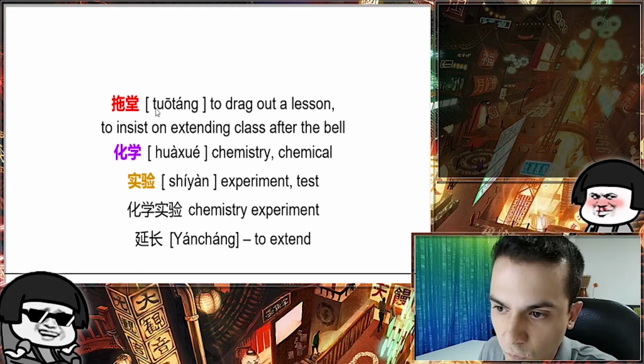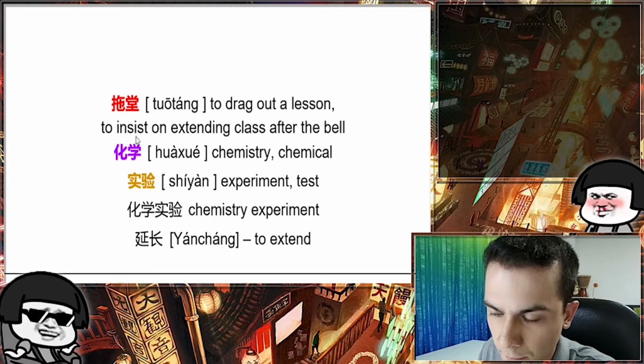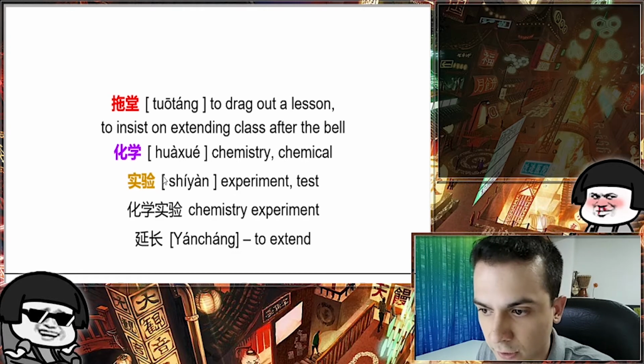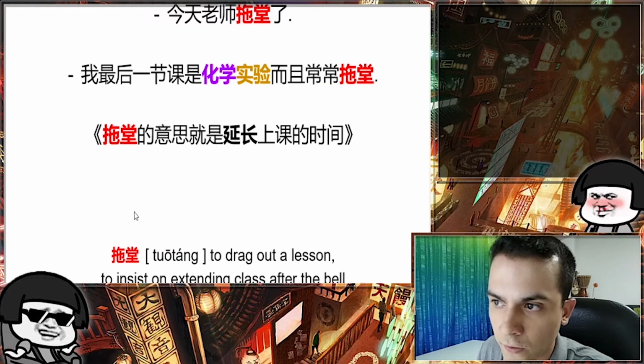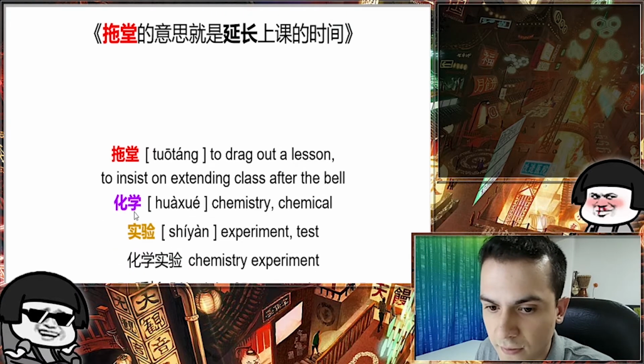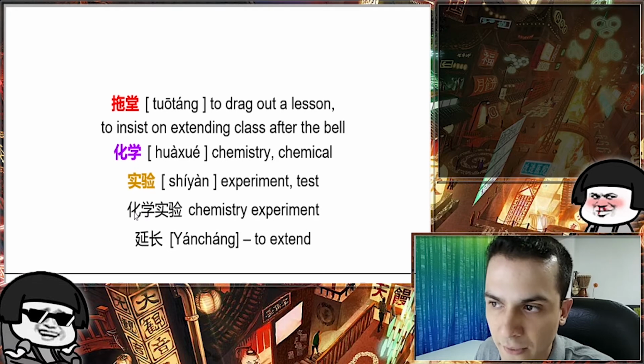Then we also have 化学, which means chemistry or a chemical. 实验, experiment, test. Here together, at least in the context we are going to be seeing it, basically means chemistry lab class, right? Like it's practical.